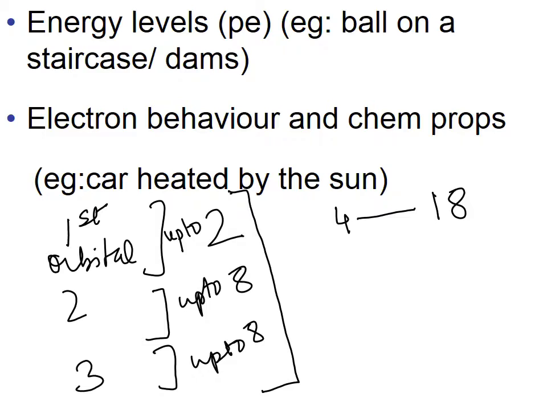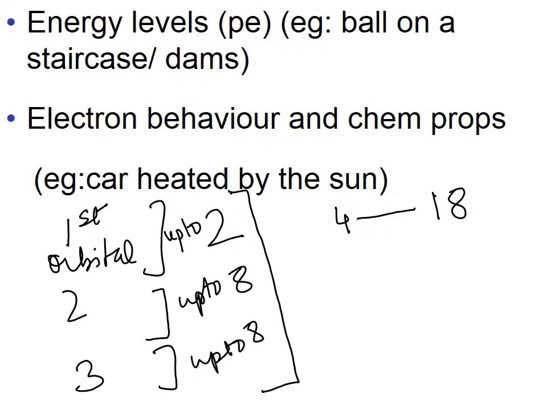So in life, all atoms want to reach stability. What they would do is try to have the number of electrons in their orbitals: in the first orbital they would like to have 2 and be stable, in the second they would like to have 8 and be stable, and in the third they would like to have 8 and be stable, and so on and so forth.